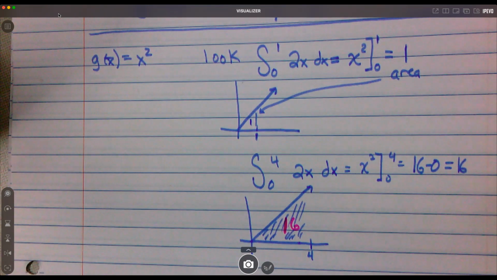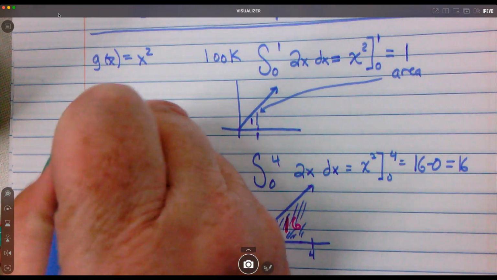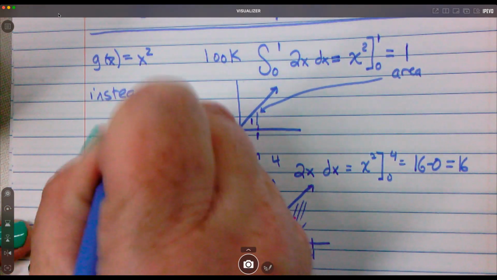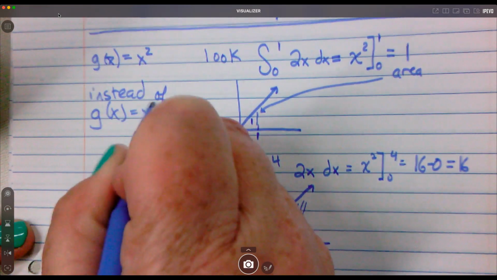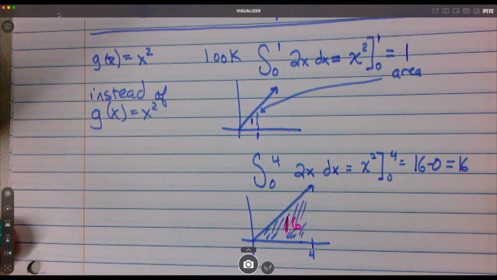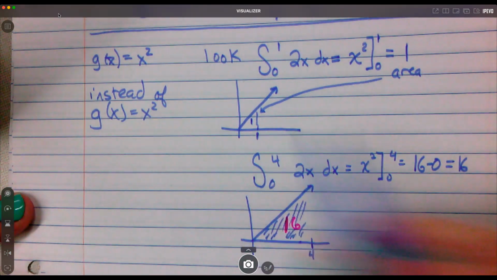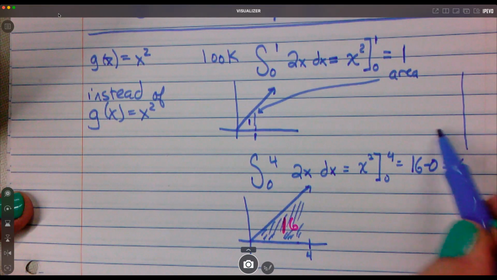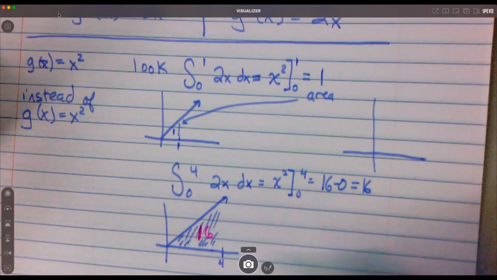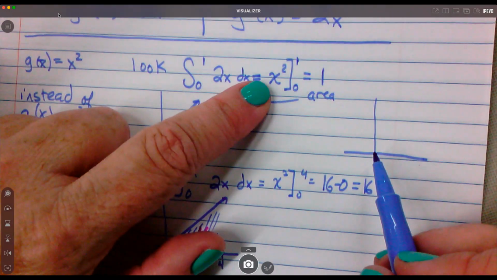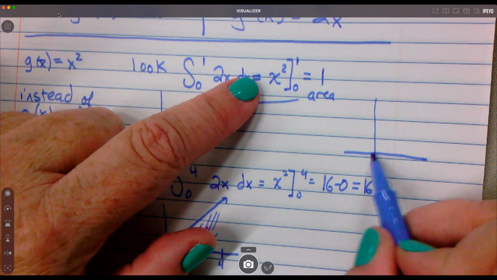So somebody said, you know what would be really easy is instead of defining g of x equals x squared, because by the way, these numbers are actually giving us that graph of the antiderivative. So let me show you this really quick. We didn't do 0, but do you agree it would be 0, 0?